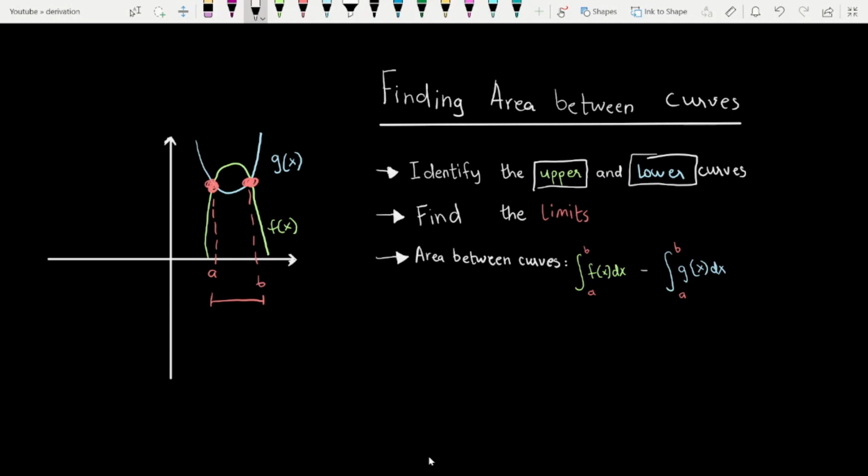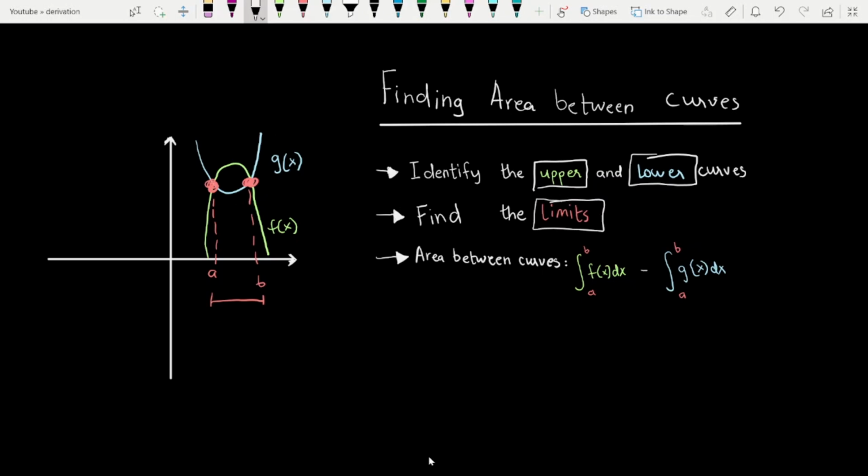So you identify the upper and lower curves, which we've done. You identify the limits, and then you solve the simultaneous equations to find the limits. In other cases, you're going to have to do some other coordinate geometry stuff, but it's not going to be easy. Finding the limits is not going to be an easy thing when you look at the questions. So then you go ahead and you find the limits.